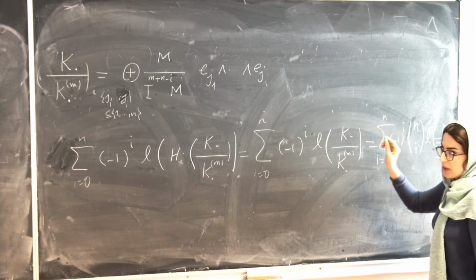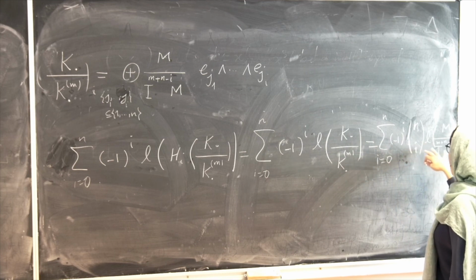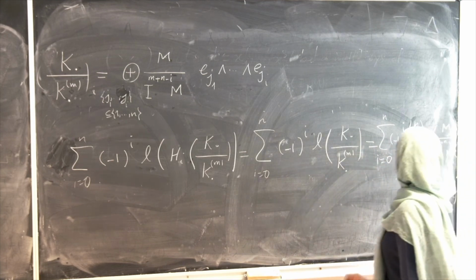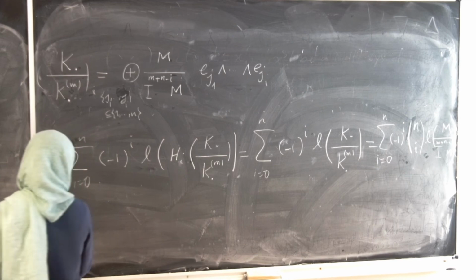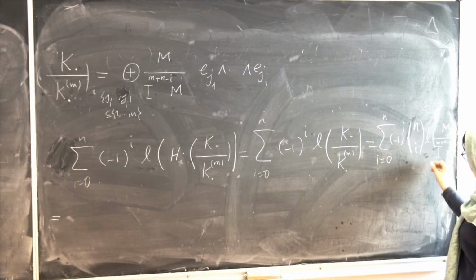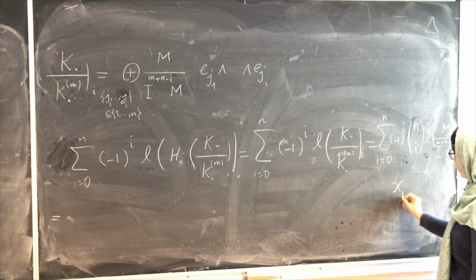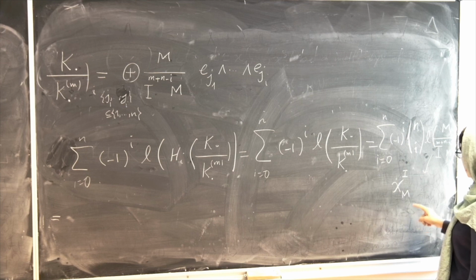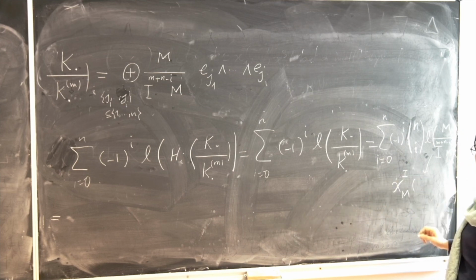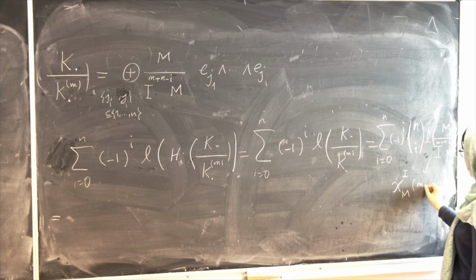And if you remember, we had an exercise in lecture 1 that this is exactly, first of all, this length, we gave it a name today. We call it the Hilbert-Samuel function. So this is just the Hilbert-Samuel function of M computed at m+n-i-1.